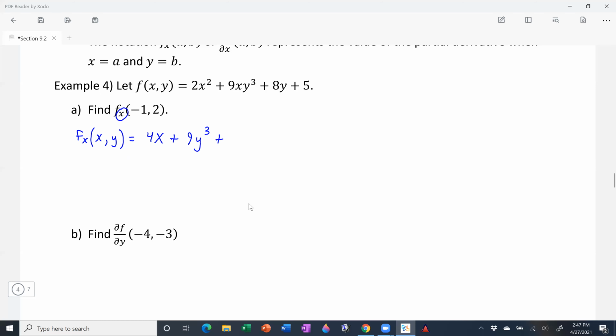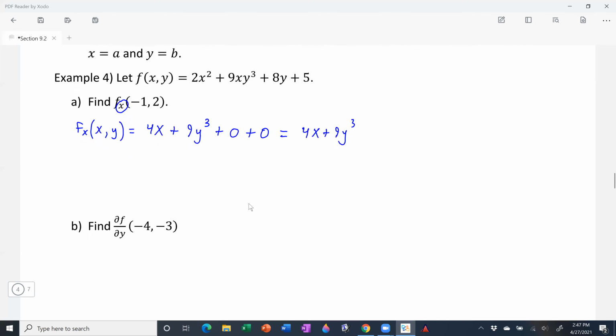Then plus, the derivative of 8y with respect to x is 0 because that's a constant, and the derivative of the 5 is also 0. So this is 4x plus 9y cubed.